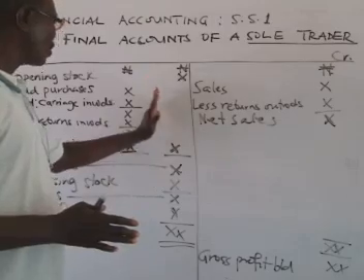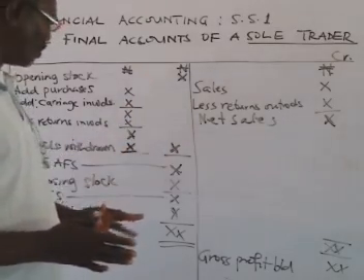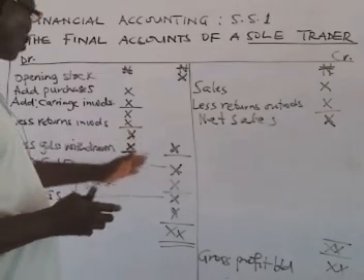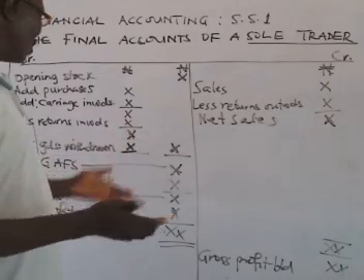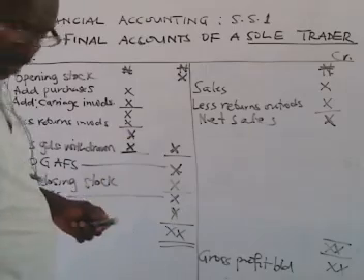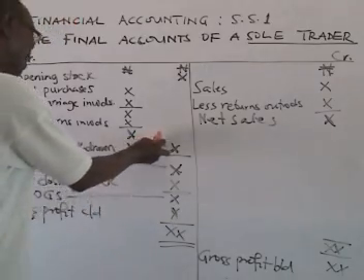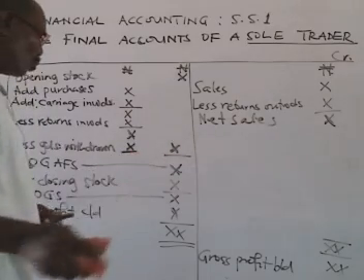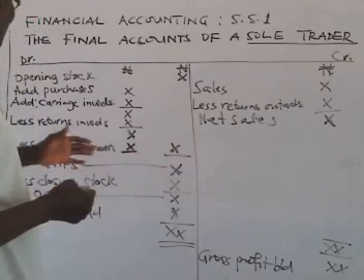In some questions, some items will be missing, but once you have known the format very well, you get your answer as expected. That is a trading account given to you, and I've explained all the items.